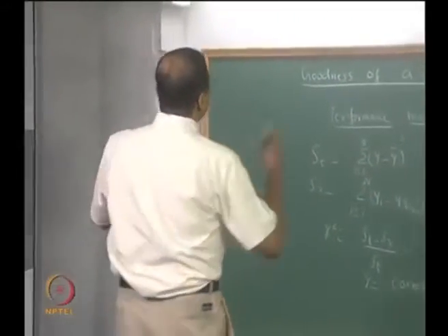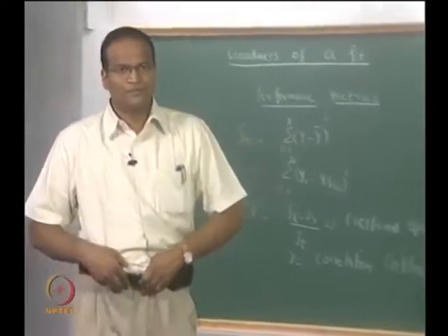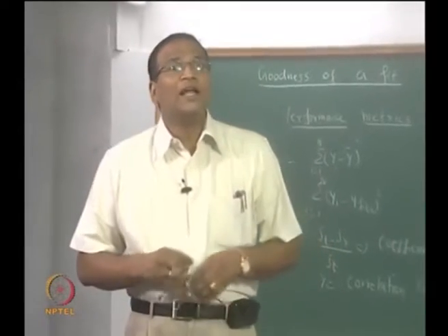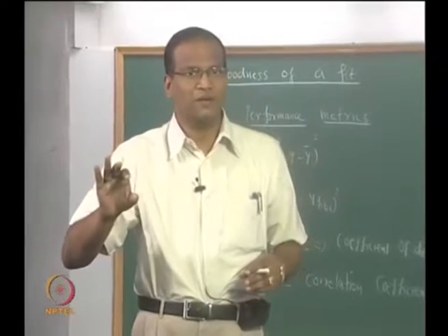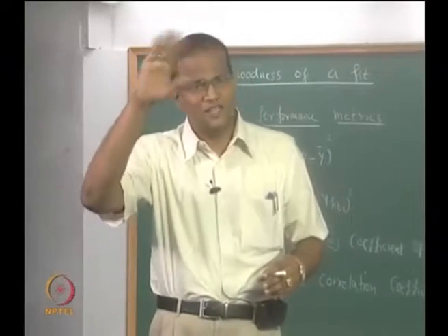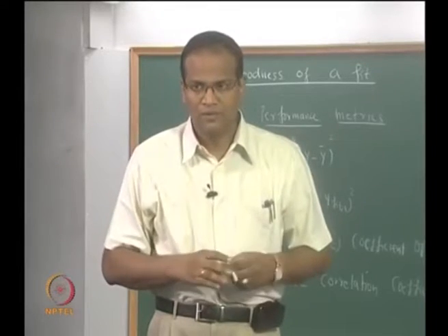Now any correlation which has a high r squared, is it necessarily a good correlation? Any correlation which has a high r squared is a good correlation purely from a statistical perspective, but we do not know whether there is a causal relationship between x and y, okay.